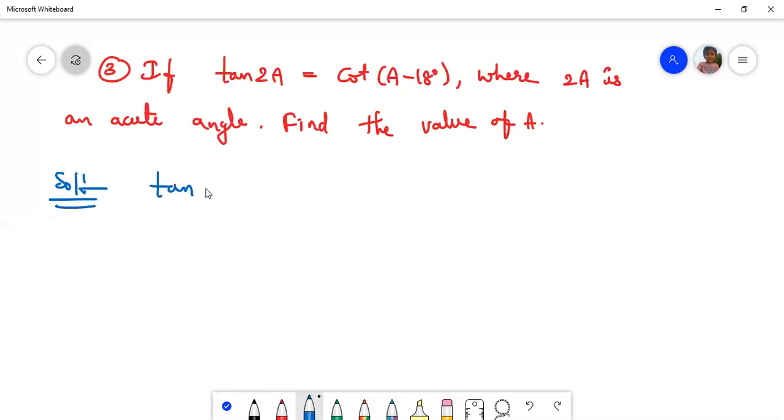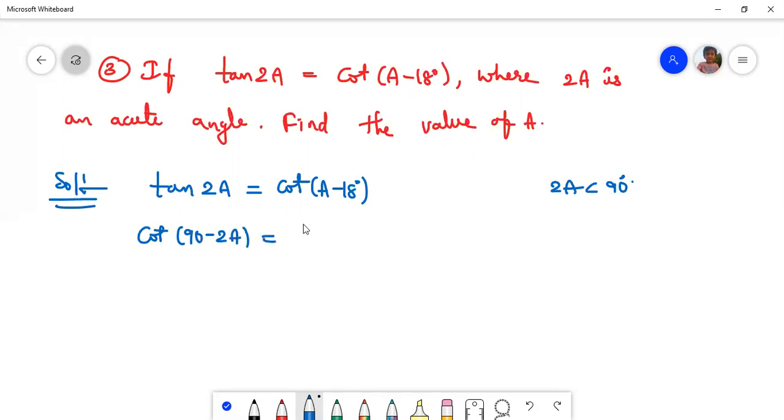Tan 2A equals cot of A minus 18 degrees. Here 2A is an acute angle, meaning it is less than 90 degrees. We know that cot of 90 minus 2A is equal to tan 2A.